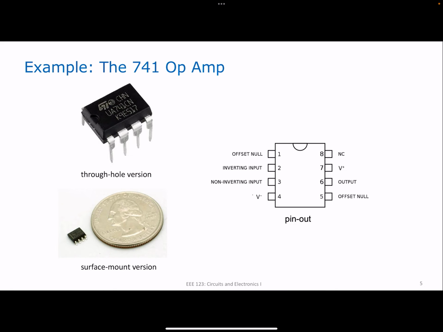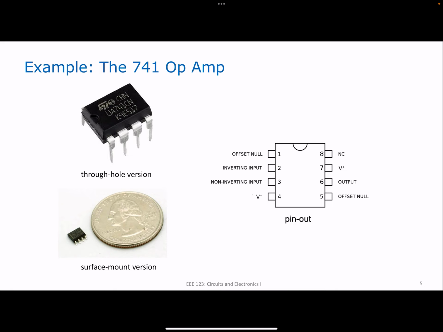This is what you call a dual inline package, and this package is still used for prototyping purposes. But nowadays, this is more how you would see it in an actual application. This is what you call a surface mount version, and the surface mount version is very much smaller than the dual inline package version. These are the pinouts.